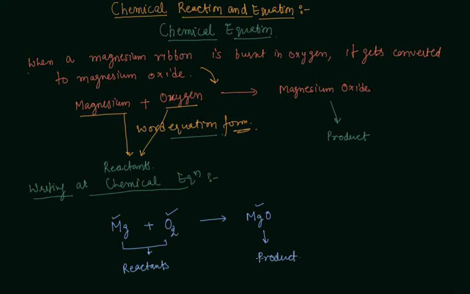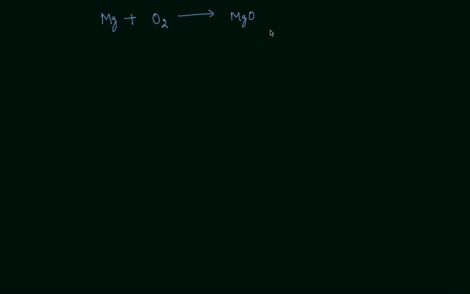Okay students, let me erase this. Now I will tell you what is a skeletal chemical equation and what is a balanced chemical equation. As you see, this is a chemical equation: Mg plus O2 gives MgO. Is the number of atoms of each element on both sides the same? Mg has one atom, oxygen has two atoms here, but here oxygen has only one atom.